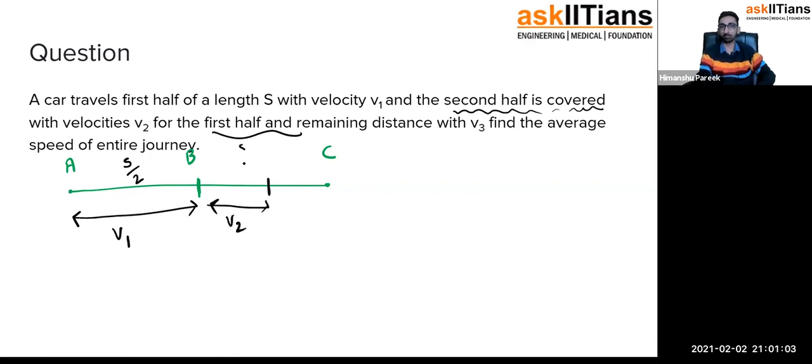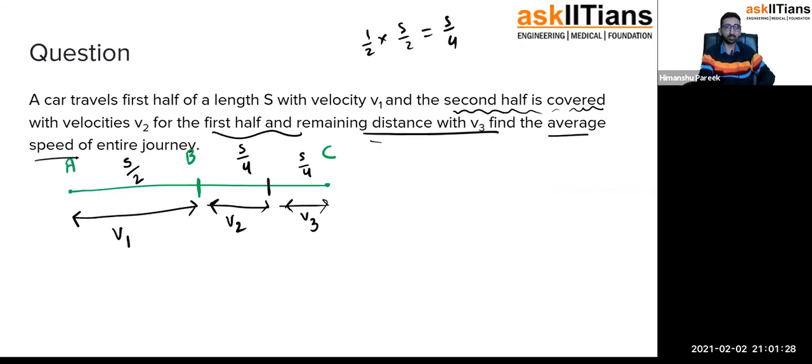S by 4, because BC itself is S by 2, and half of it is S by 4. And the remaining distance with v3, which is also S by 4. Calculate the average speed of the entire journey.